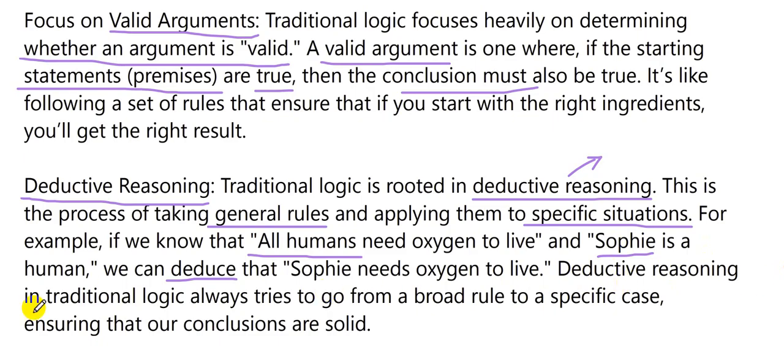Deductive reasoning in traditional logic always tries to go from a broad rule to a specific case, from all humans to Sophie, ensuring that our conclusions are solid and have a solid foundation.